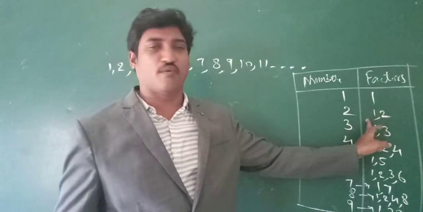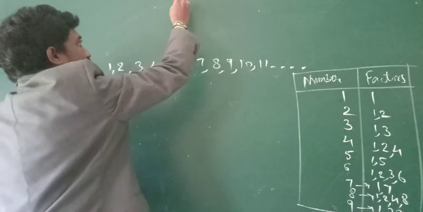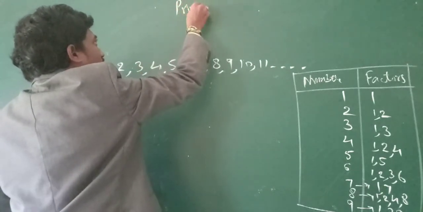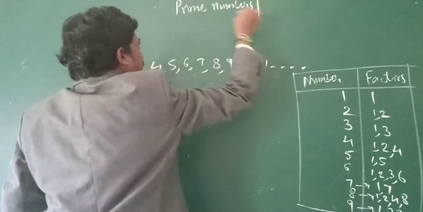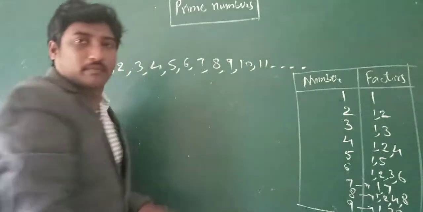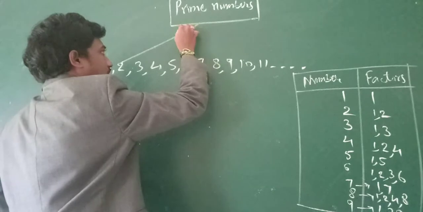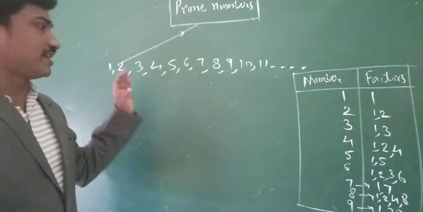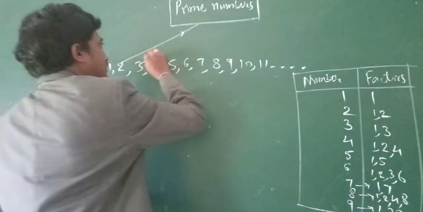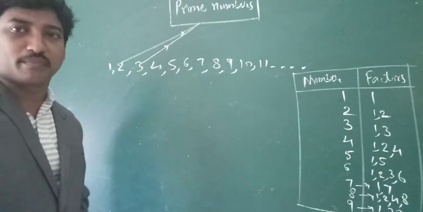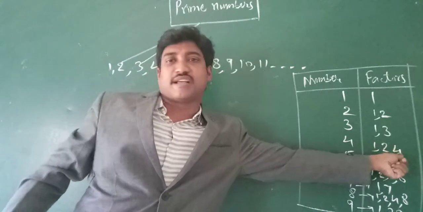Whereas 2 has only two factors, 1 and 2, so 2 comes under prime numbers. 3 has only two factors, 1 and itself, so 3 is a prime number. 4 has not only 1 and itself, it has another factor, 2.